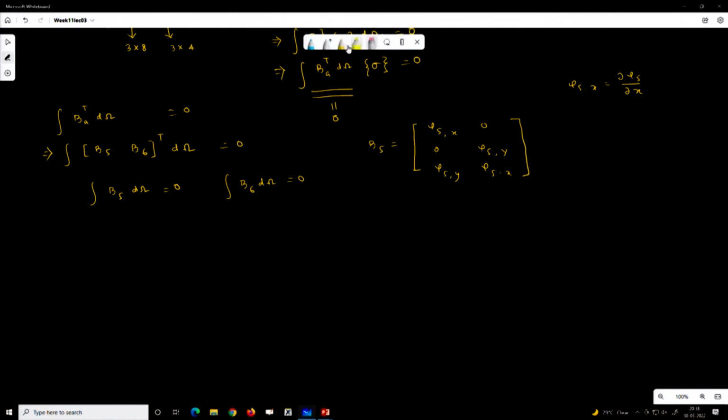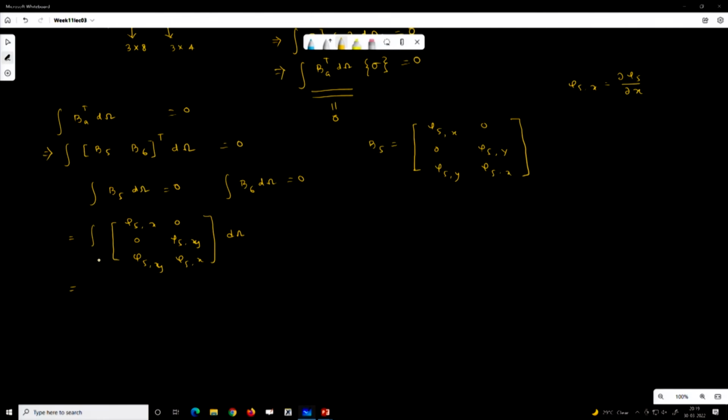Integral B5 is this: phi5 comma x, 0, 0, phi5 comma y, phi5 comma y, phi5 comma x. This d omega must be equal to 0. I will check whether it goes to 0 or not.